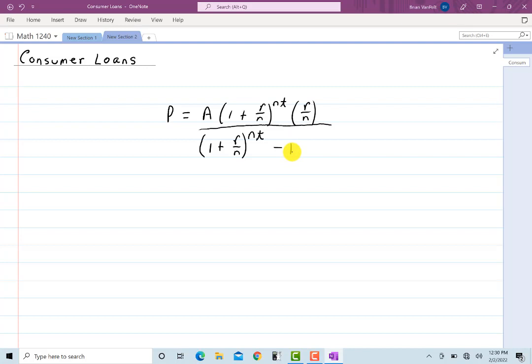And let me put down what each of the letters is. The letter P in this instance is for payment. Most definitely, or almost definitely, that payment will be monthly. A is the loan amount. R is the APR as normal.